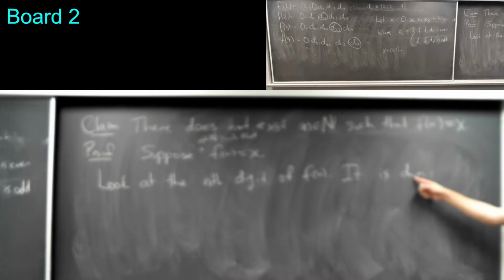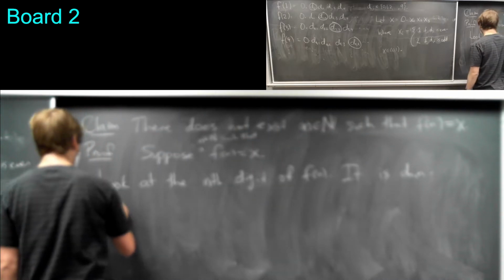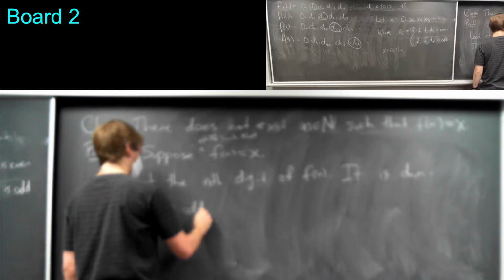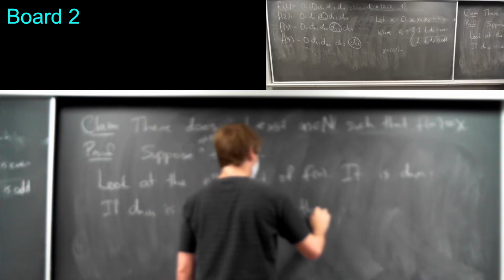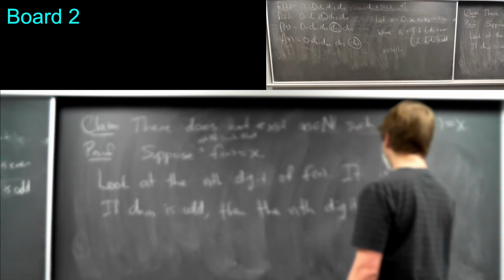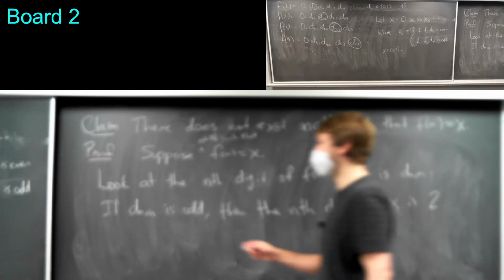And if d_nn is odd, then the nth digit of x is 2, because that's how I defined x. But then 2 is not odd, so they must be different in the nth digit.